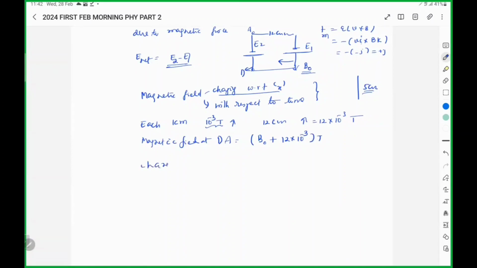So change in magnetic field is B naught plus 12 into 10 power minus 3 minus B naught.